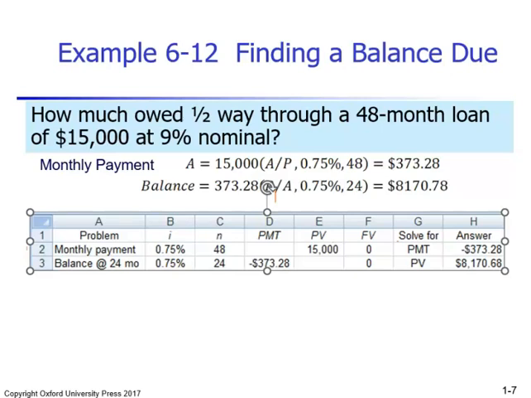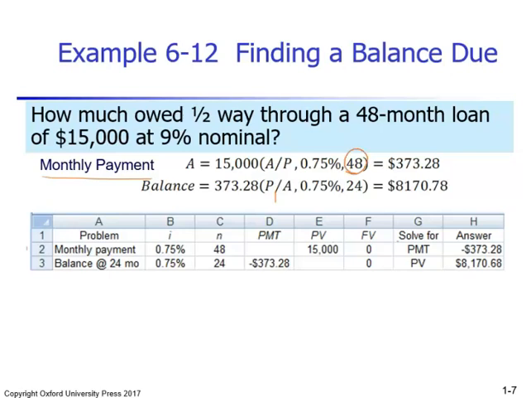As we said before, this monthly payment is an easy calculation, the monthly payment over 48 months, that we get this 373. And the outstanding balance is the present value of the year 3 and 4 payments with the interest rate of 9% over 12.